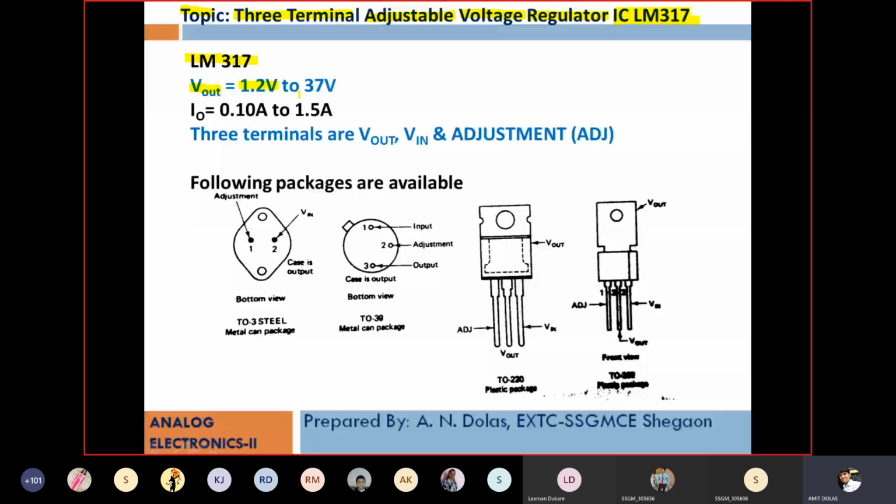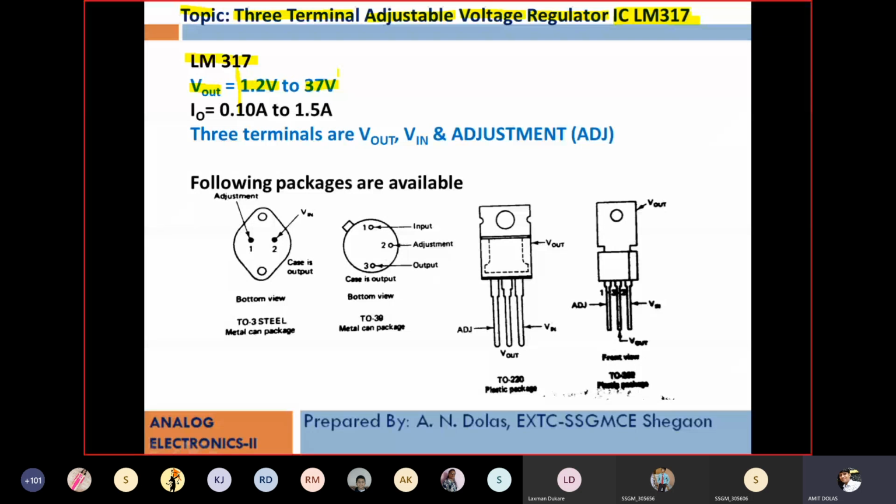You can design this for any variable range between 1.2 to 37 volt, or you may use this IC to obtain a fixed voltage of any value within this range.